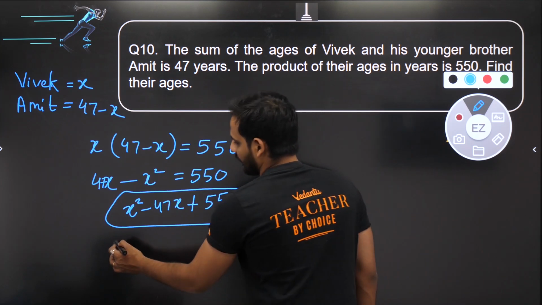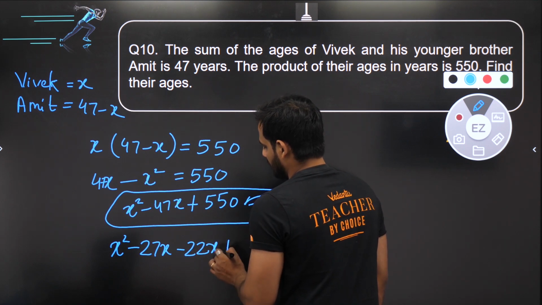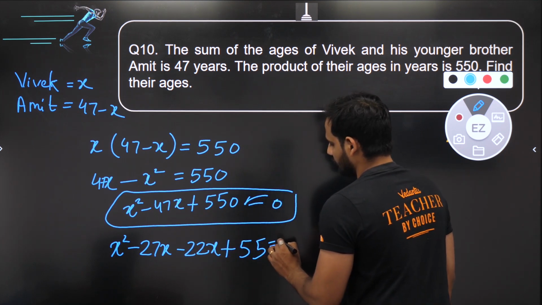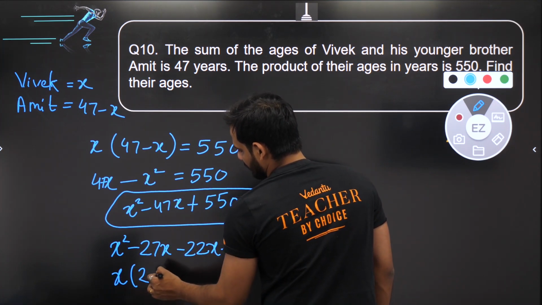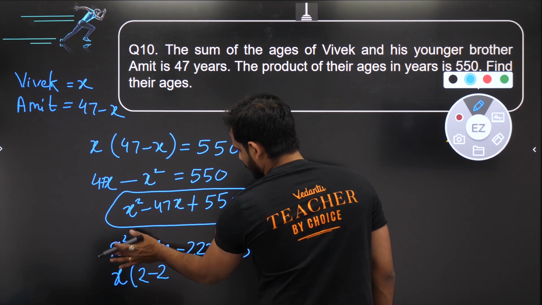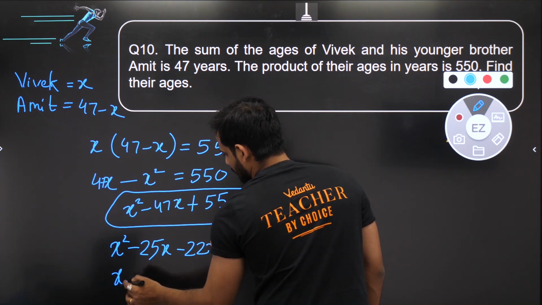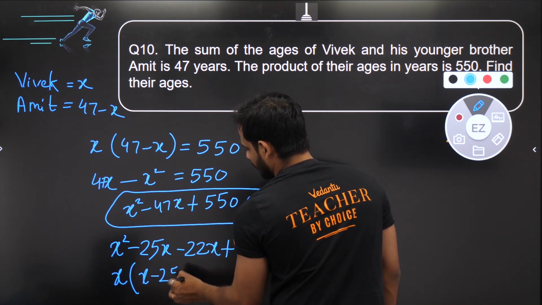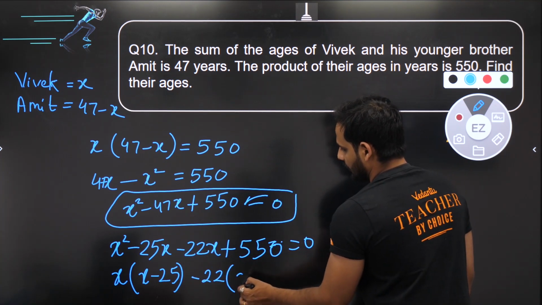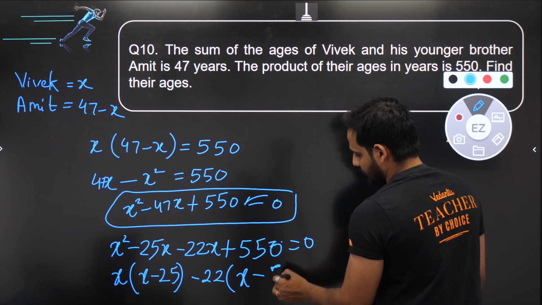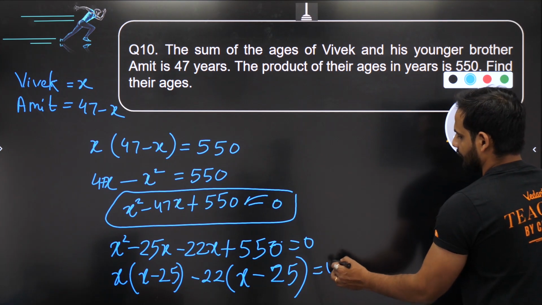So I can say x^2 minus 25x minus 22x plus 550 is equal to 0. Take x common from the first two terms, you will be left with x minus 25. And here if I take minus 22 common, you are left with x minus 25, is equal to 0. So what you have got?